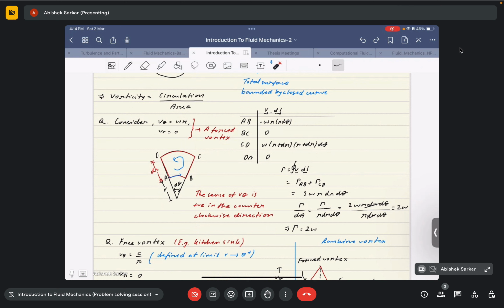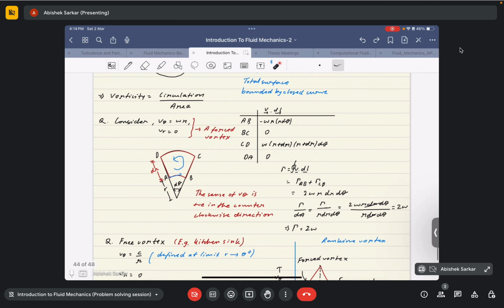Okay, and the flow domain is given by this particular shape, an area of a sector of a circle. The area of interest in this case is given by this red line element, a, b, c, d. Then, to find the circulation, let's consider the different line elements separately: AB, BC, CD and DA.